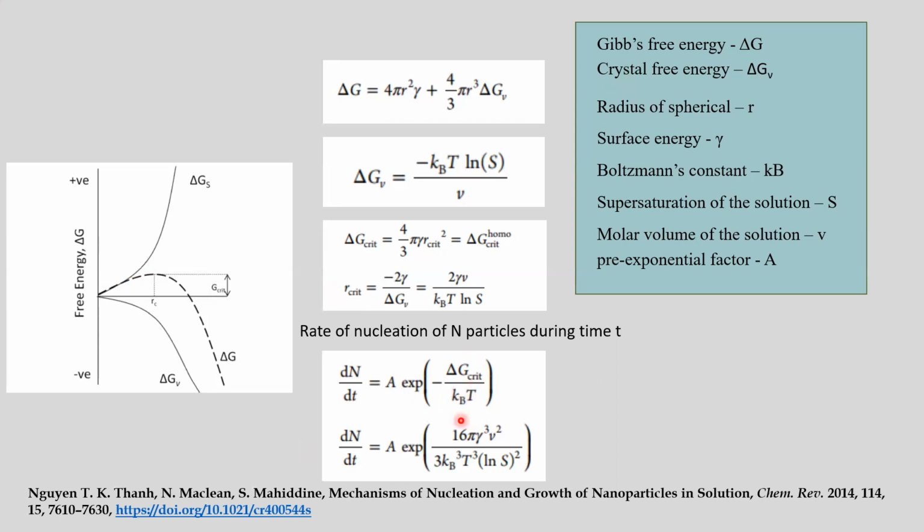These are the factors on which the rate of nucleation depends. dN by dt is equal to A exponential of minus 16 pi gamma cube v square divided by 3 kB cube T cube ln S whole square. Here gamma is the surface energy and v is the molar volume of the solution. kB is the Boltzmann's constant, T is the temperature in Kelvin, and S is the supersaturation of the solution.